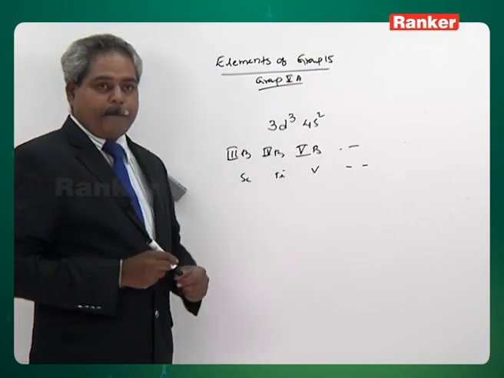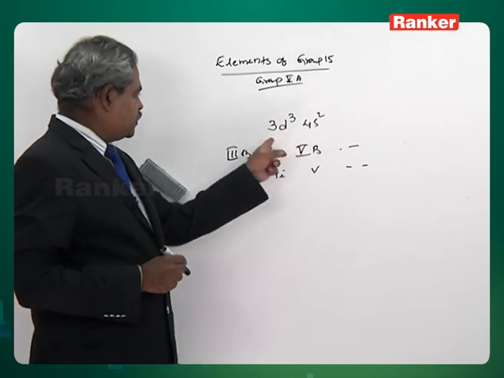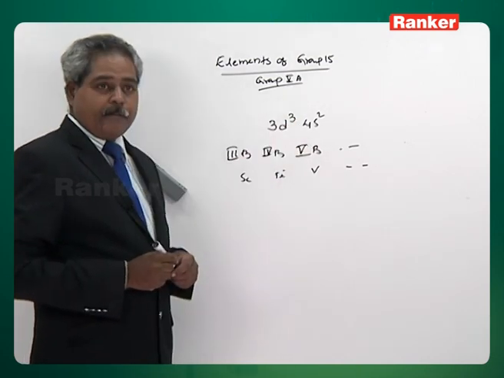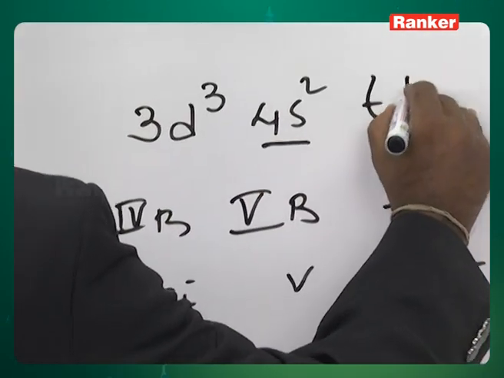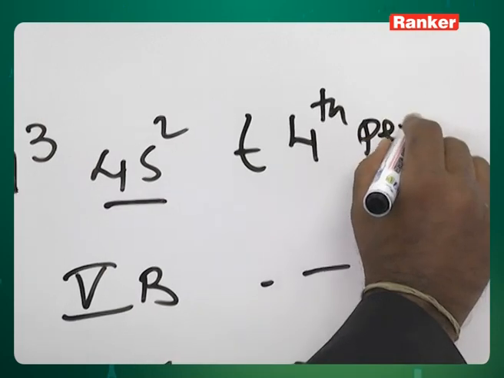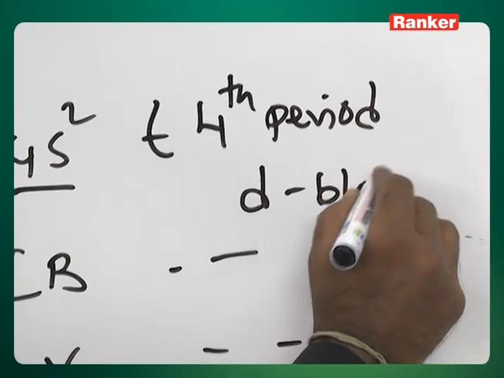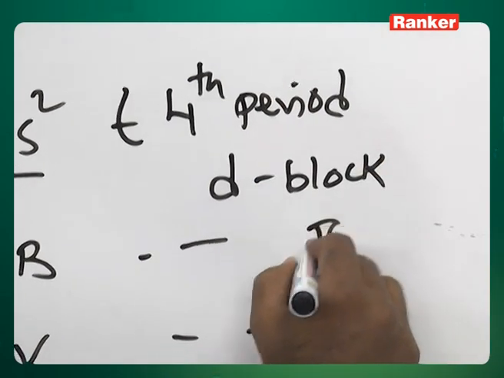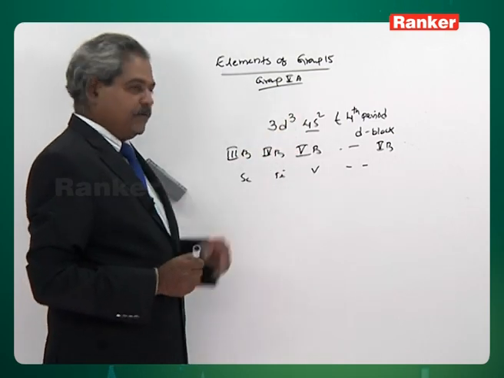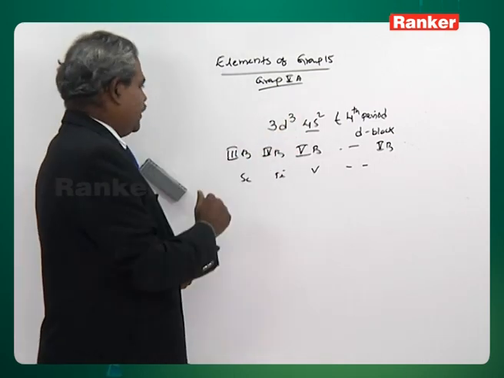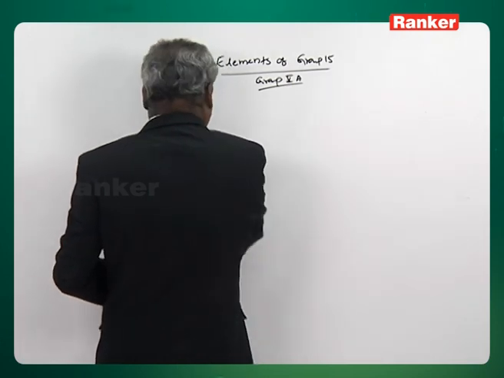You know 3d comes only after 4s. After 4s, 3d comes, therefore it's the 4th period. The element belongs to the 4th period, 4s2, and of course d block. And 5B. How do I know it's 5B? Add this 2 plus 3, 5. So from the electronic configuration, you should be knowing so many things.